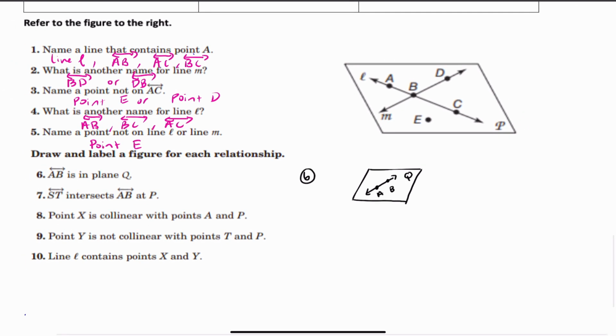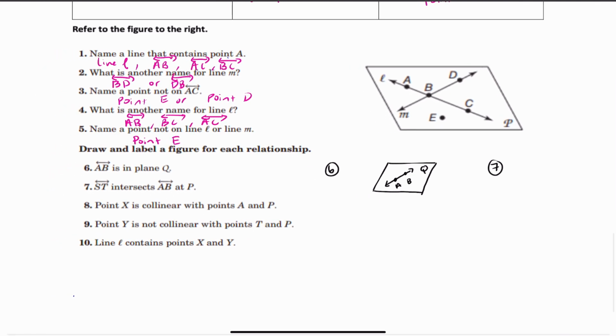Number 7, I'm going to take a look at line ST, which intersects line AB at P. So let's draw line ST. Here's S, here's T, and it intersects AB. So here's A, and here's B, and they intersect at this particular point, and we'll call that P.